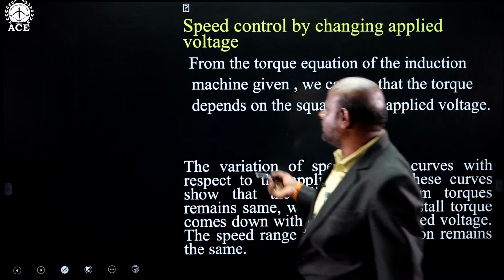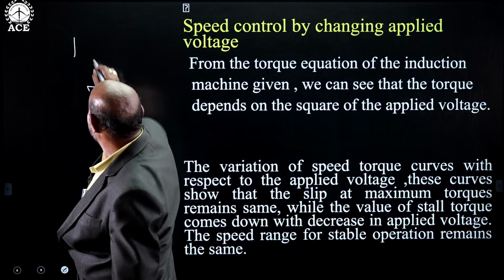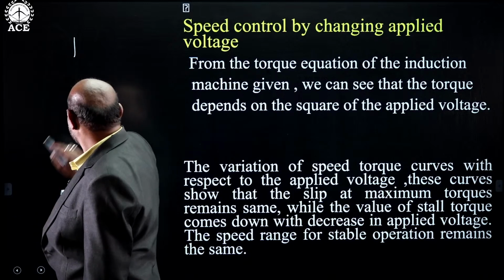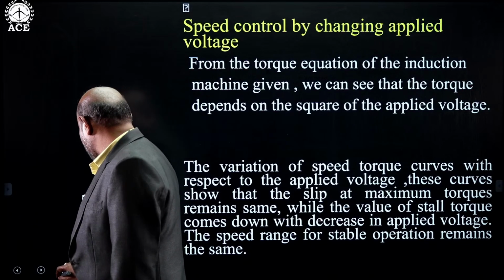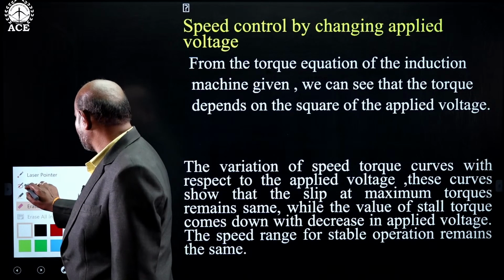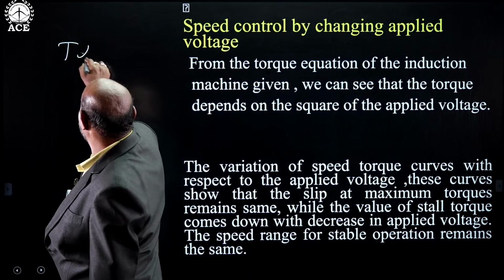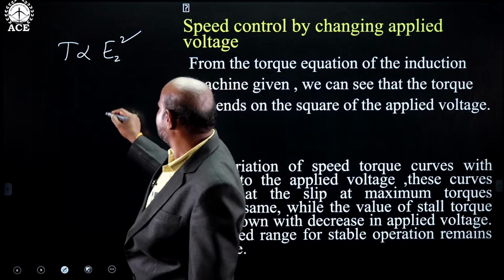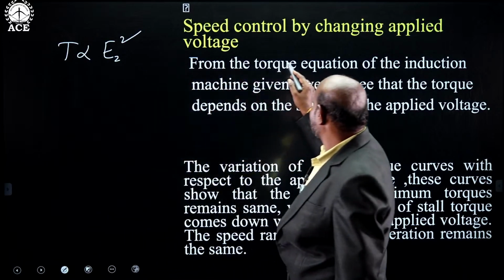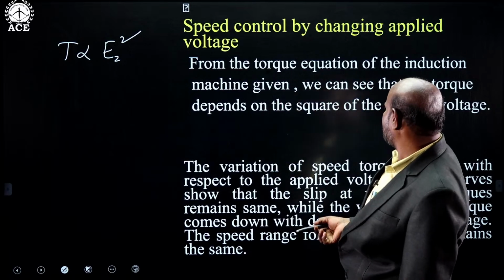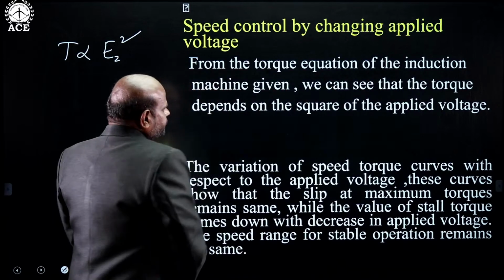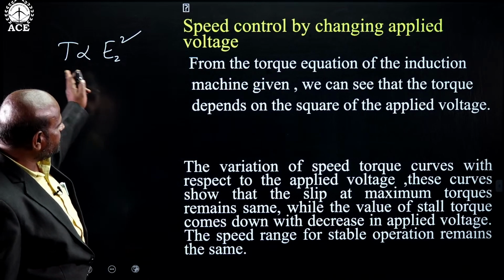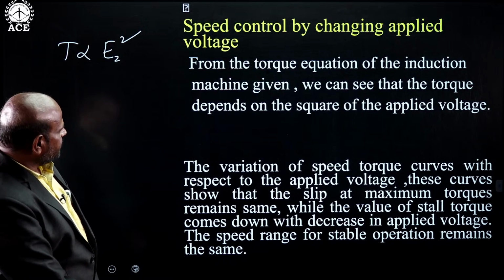By changing the applied voltage, torque is directly proportional to square of the voltage. So if the applied voltage increases, naturally starting torque increases. So for a small change in the applied voltage, the torque will change by a very high amount.